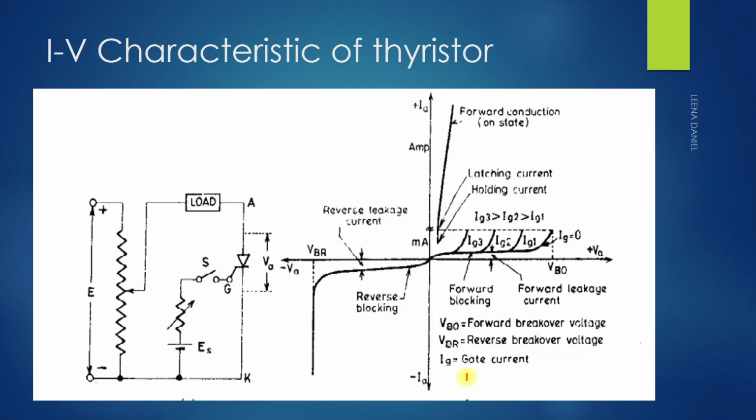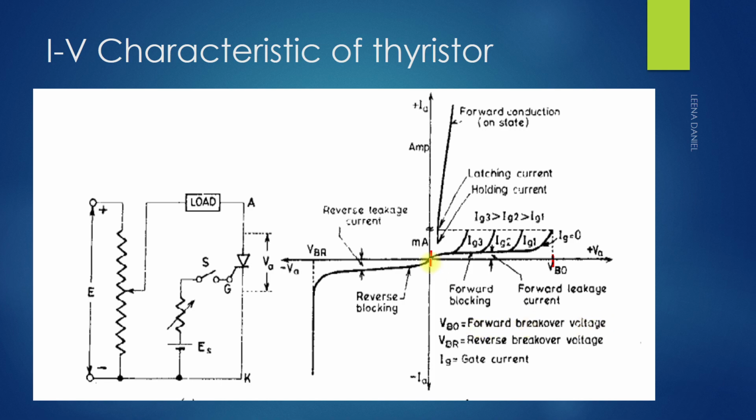This is the detailed characteristic in which I have included the intensity of the gate current also. Let us consider this point as the O point. From this O to this VBO, what is VBO? It is the forward breakover voltage.